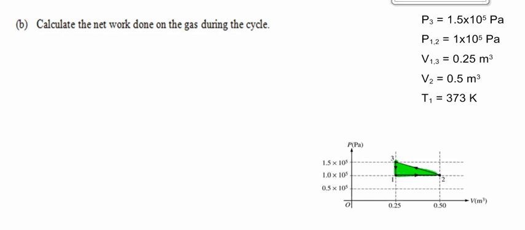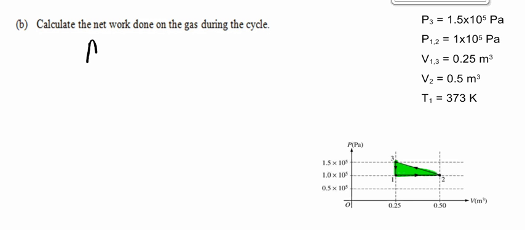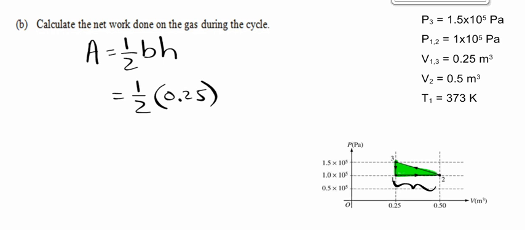The area of a triangle is just 1/2 base times height. The base in this case is this distance right here, which is 0.25. And the height in this case is this distance right here, which, if you look, is actually 50,000. It's the difference between 1.5 and 1 times 10 to the 5th.